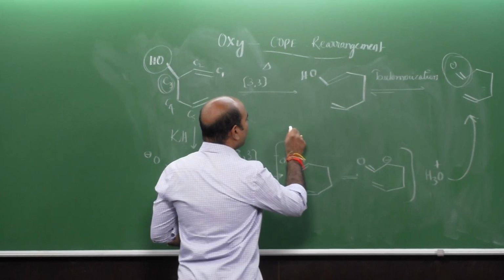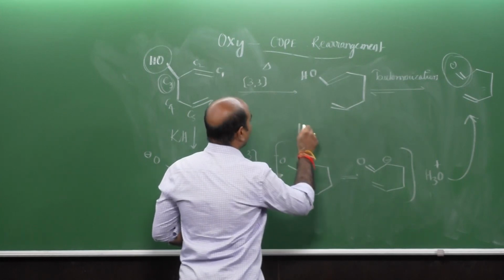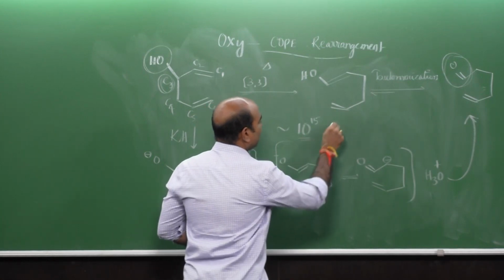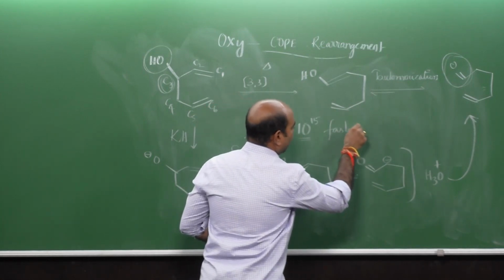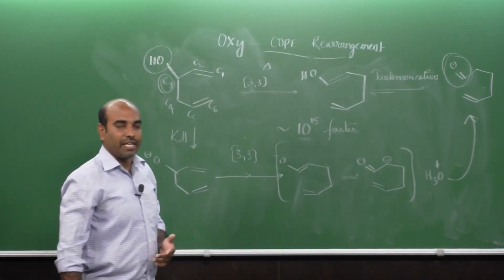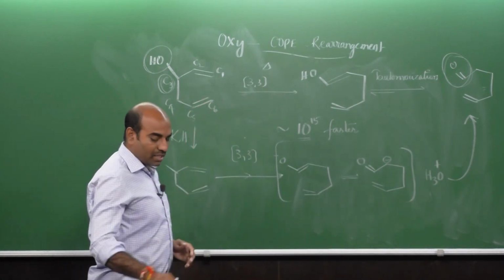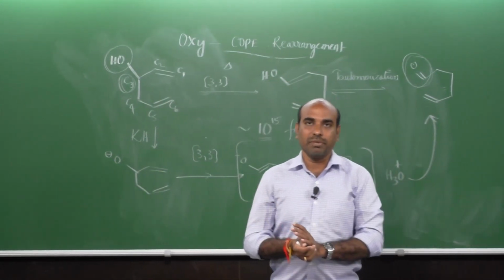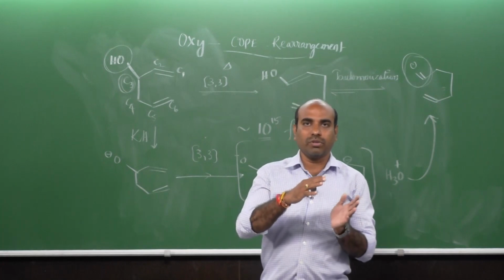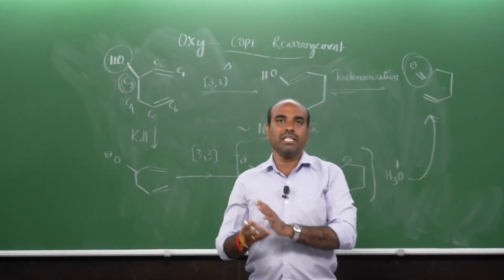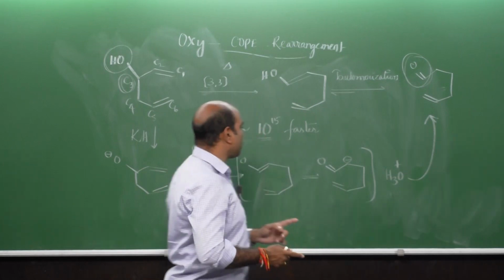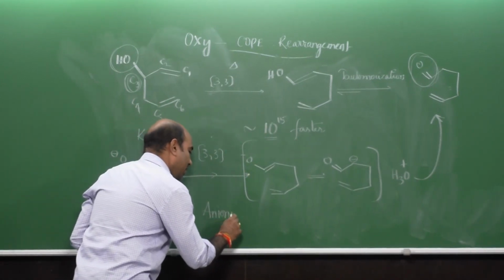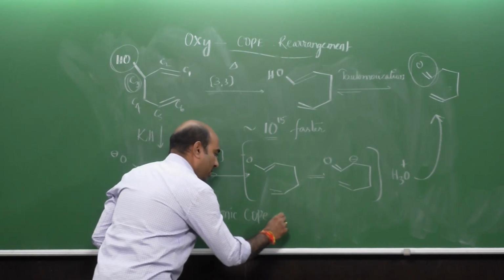Compared to the normal Oxy-Cope rearrangement, it becomes approximately 10 to the power of 15 times faster in reactivity. In the previous comparison of the normal Cope rearrangement to the Oxy-Cope rearrangement, we saw about 40 to 50% decrease in the temperature requirement. But in the case of the anionic Cope rearrangement, as this is called, the reactivity is far greater.